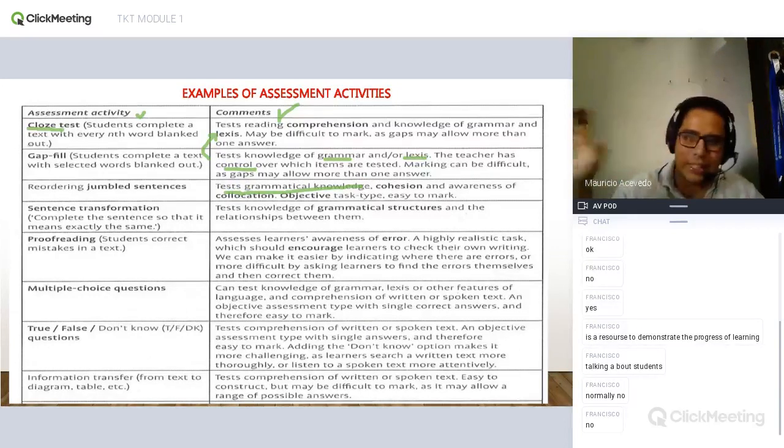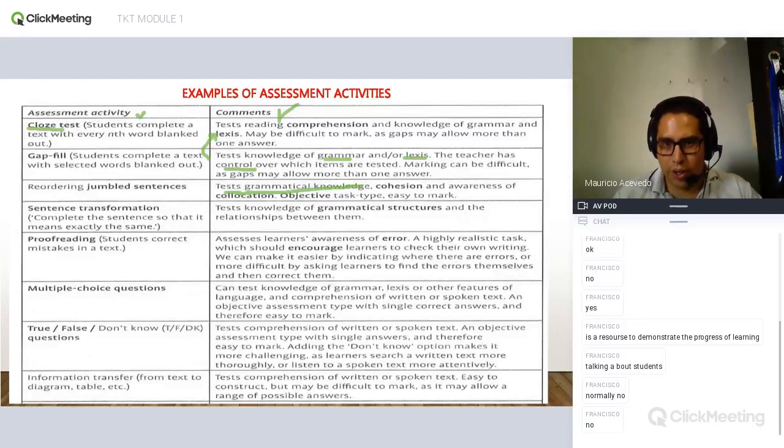In the test, you write the sentences and make your students put them in the correct order. Cohesion and an awareness of collocation. So what is this? Well, basically that the sentences are correct in every single aspect. And awareness of collocation? Well, they need to put it in the correct order, and they need to know about all these chunks and special words. And objective task type, easy to mark. It's very easy because you know what you are testing, because you have the order.